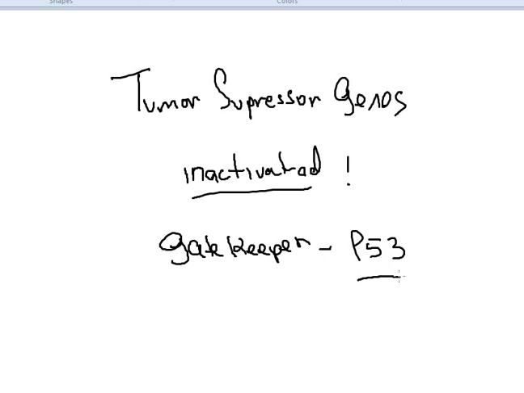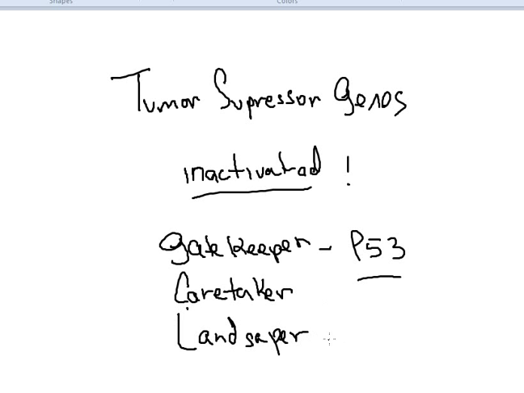P53 is an example of a tumor suppressor gene that is inactivated in pancreatic cancer. There are caretaker genes, which are important during actual cell division. And then there are what's called landscaper genes, which are more important in the microenvironment.